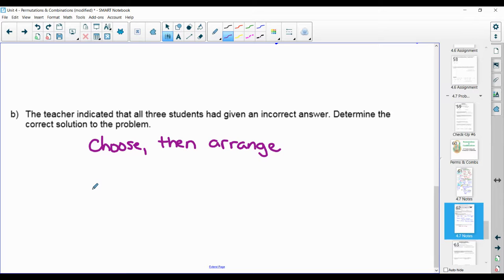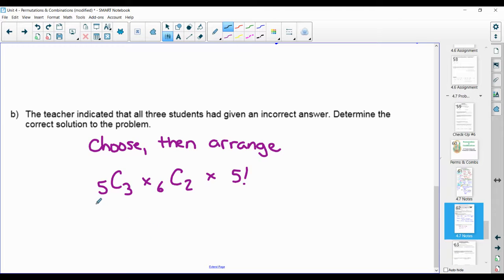And so we have 5 songs. We're choosing 3 of them. So we've got 5 songs. We're choosing 3 popular songs. And then we have 6 classical songs. We're going to choose 2 of them. And then we have to arrange those. Well, once we have our 5 songs, there's 5 factorial ways to arrange them.